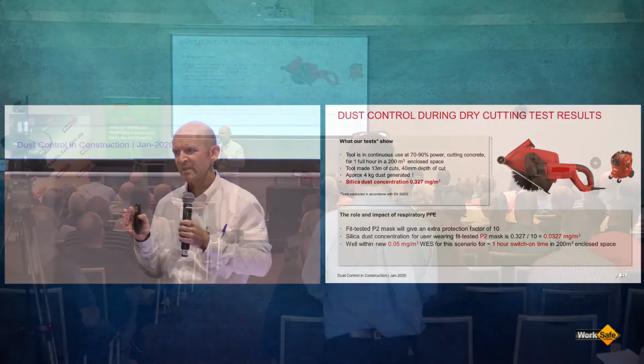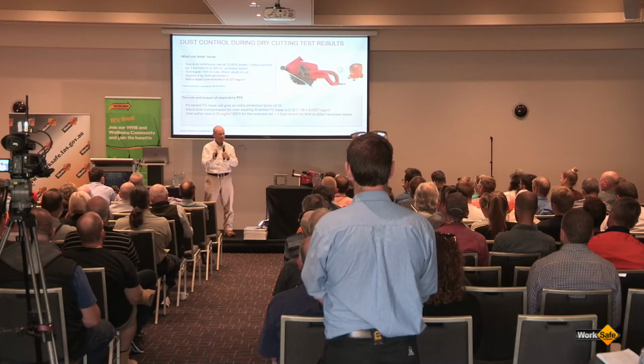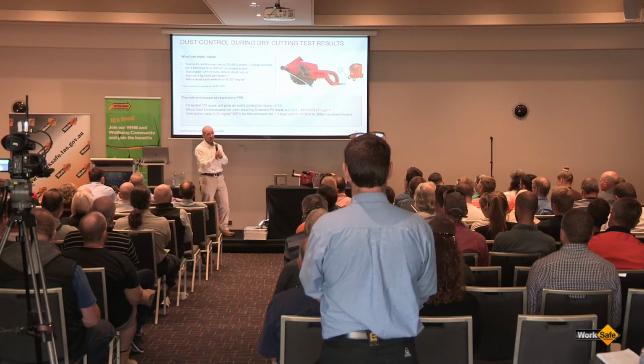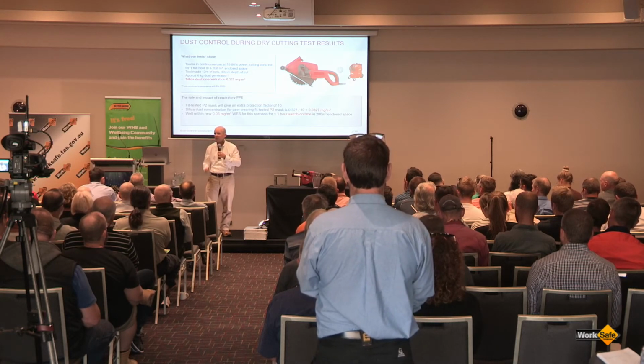So really the central message here is, you've got no choice when you're doing any kind of concrete cutting, even if you are using extraction technology, but you really need to be wearing those masks, which puts a reduction factor of about, if it's a P2 mask, about 10 onto that overall dust concentration.